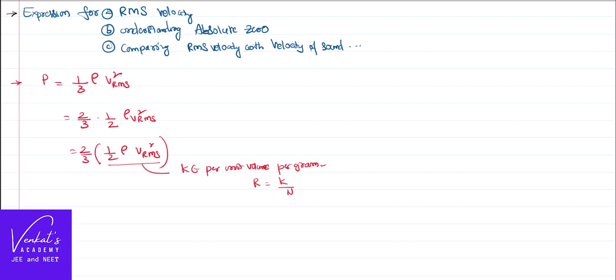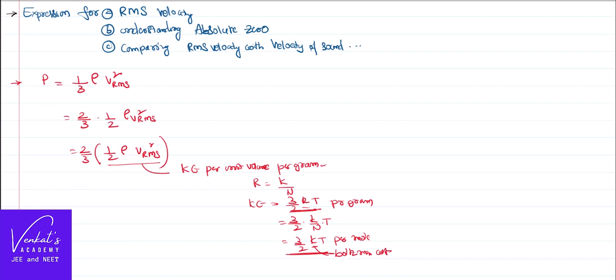So kinetic energy can be expressed in the other format: in the place of 3 by 2 RT, I can write 3 by 2 K by N in the place of R, and T. So that will become something like 3 by 2 KT per mole. So we can write 3 by 2 RT per gram depending on a requirement, or 3 by 2 KT per mole, where K is called Boltzmann's constant.